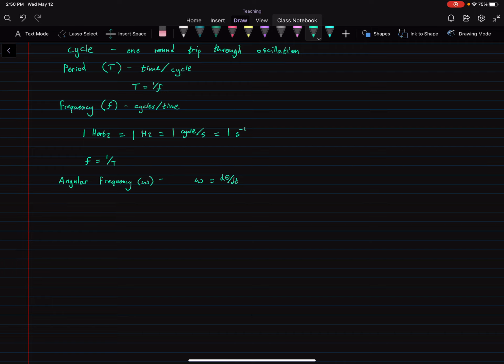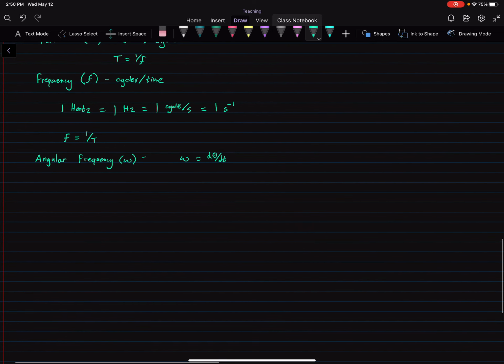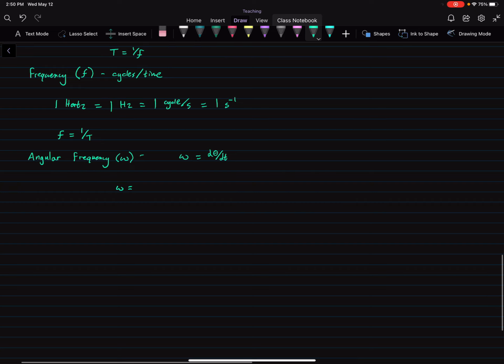It's not one thing that's being used to describe two different concepts. It's the same concept. So angular frequency to describe one cycle of periodic motion is the same as talking about angular frequency as some amount of radians per second, or angle per second. And some useful equations for angular frequency: omega is equal to 2 pi times frequency, because 2 pi is one way all the way around, and the frequency is cycles per time.